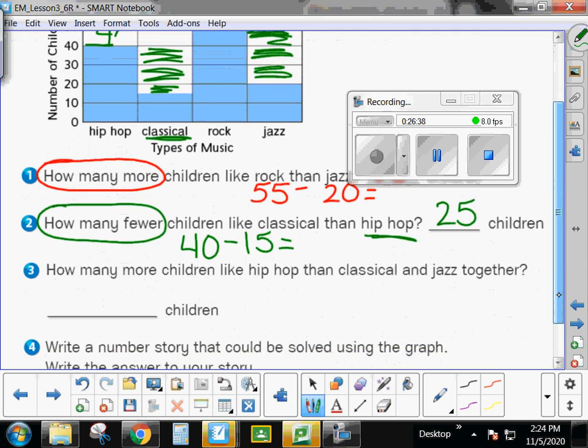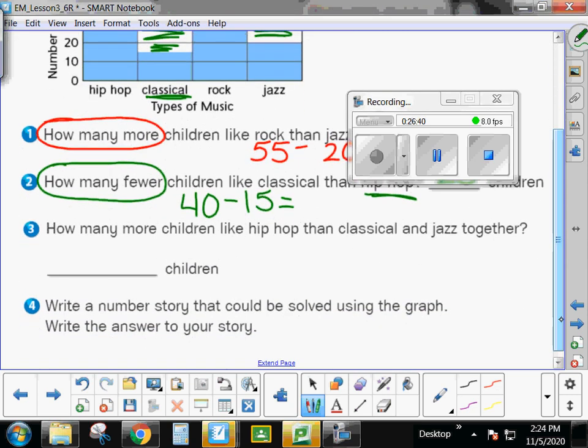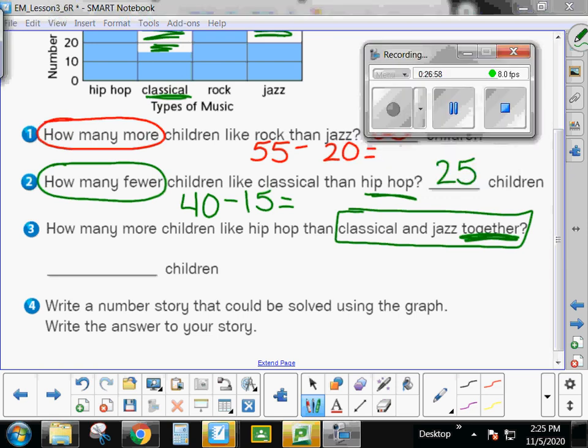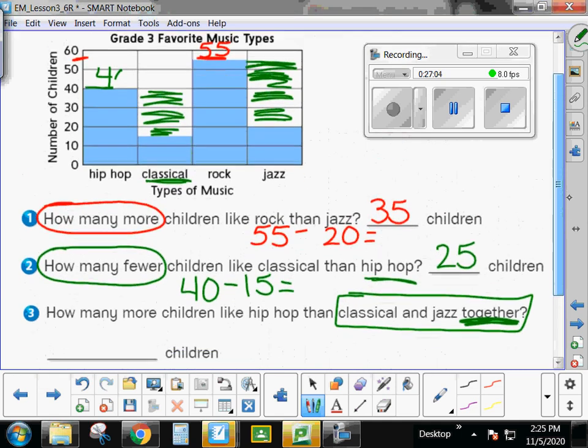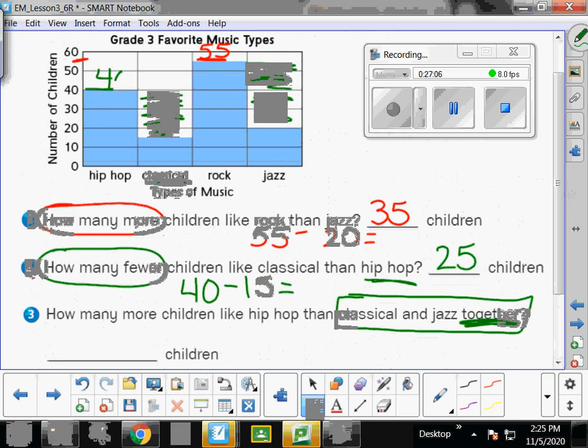All right, here's another question. How many more children like hip hop than classical and jazz together? Ooh, this really takes it up a notch. Classical and jazz together. What kind of math do we do when we're finding something that's together? Finding things that are together, classical and jazz together, I am adding. And so first, I'm going to put that classical and jazz together.